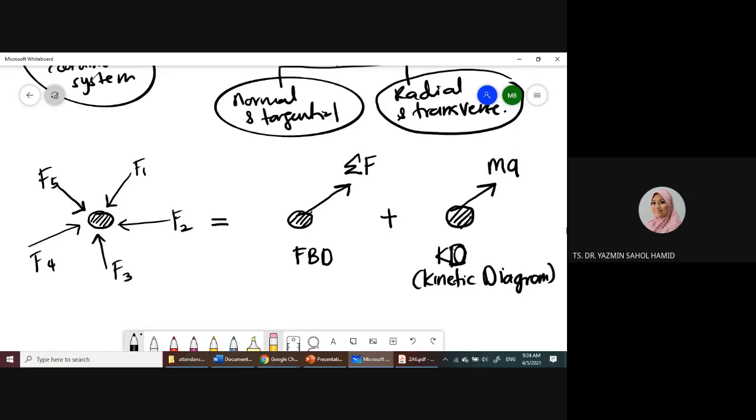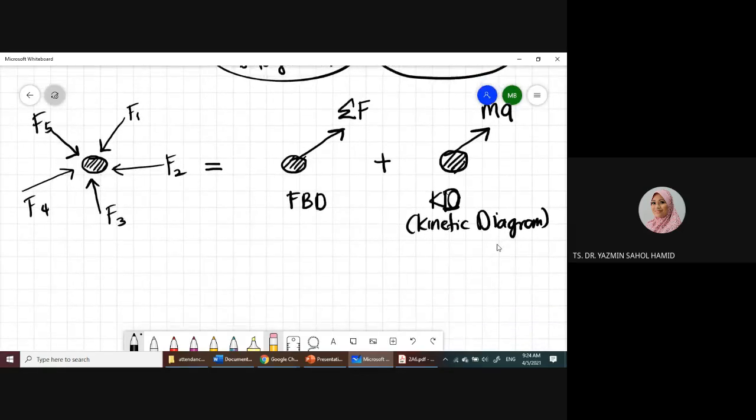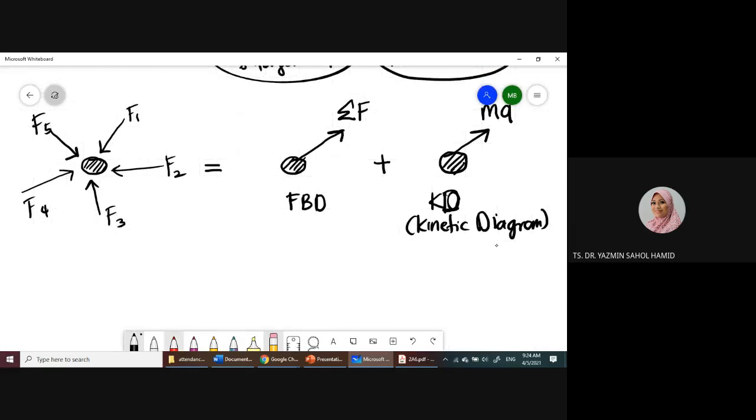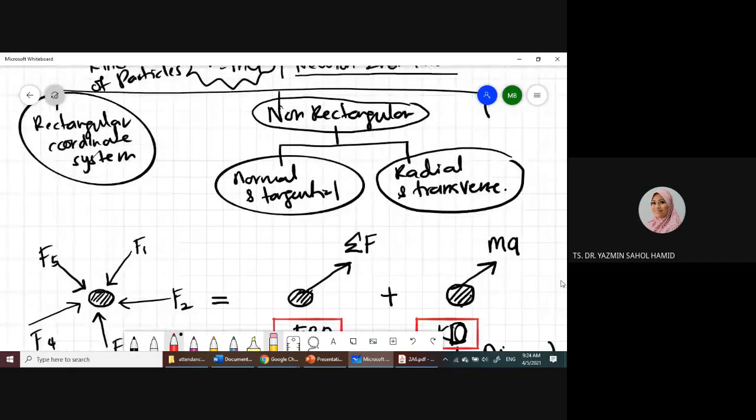So whenever you get a question on topic kinetics of particle that uses Newton's second law, there are two important things that you need to draw. It's very important that you draw the free body diagram, and it's very important you draw the kinetic diagram. So these are the two things that you need to draw. And then when you draw these two things, you also have to decide which coordinate system you want to use.